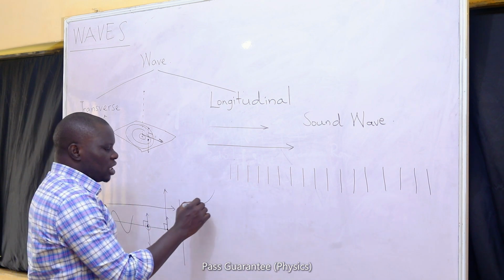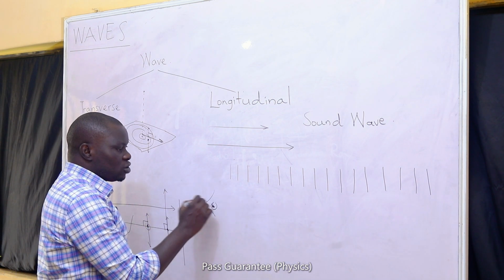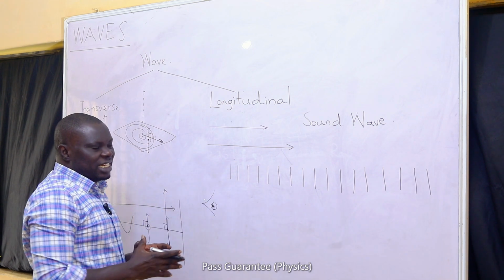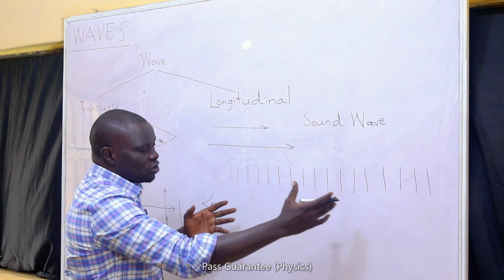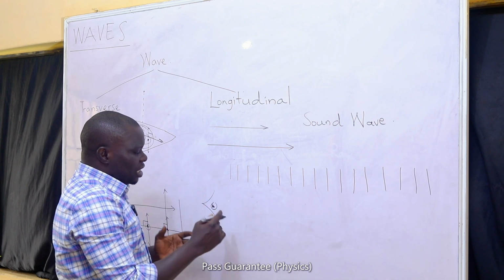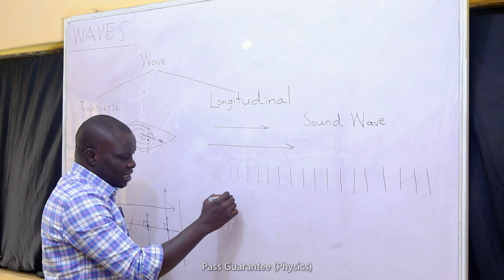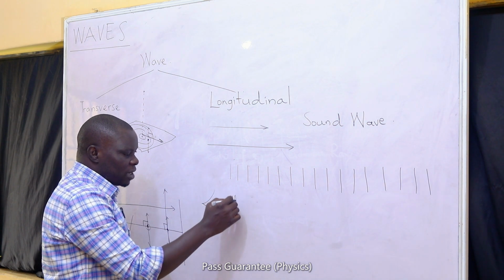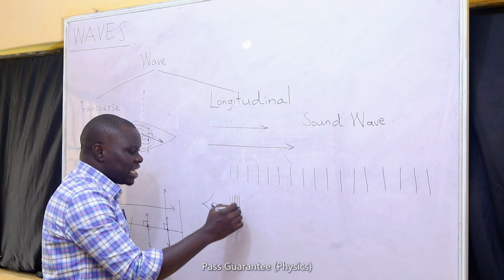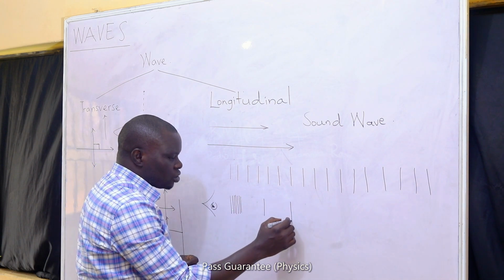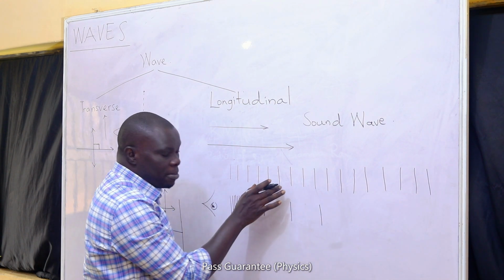When you now speak into them, you will discover that there is a realignment of those particles. Those particles will immediately move in a way that I can represent like this. Some of those particles will immediately cluster together, while others will space out further than they were before.